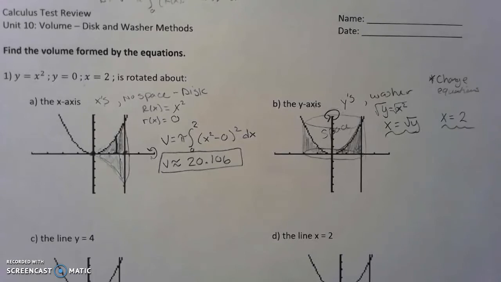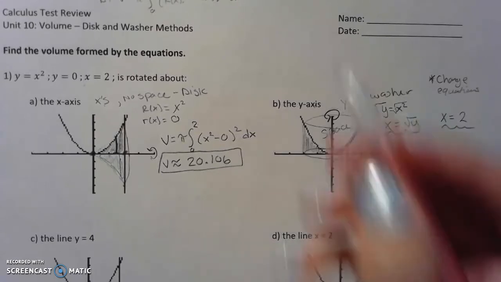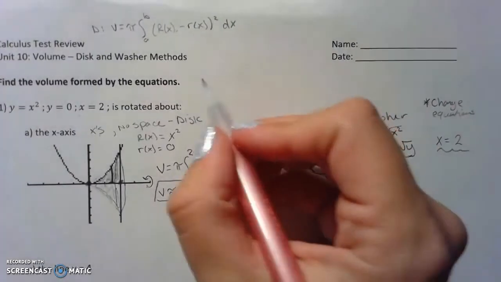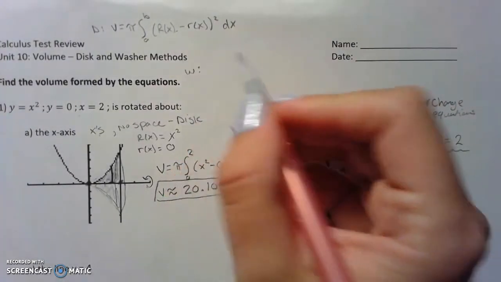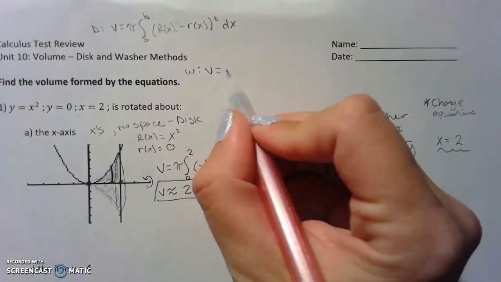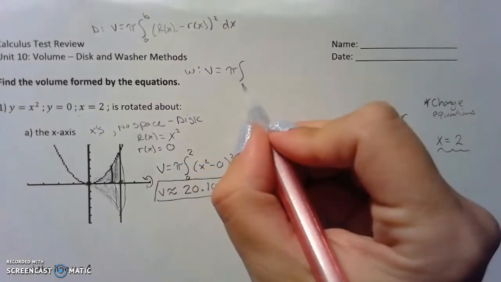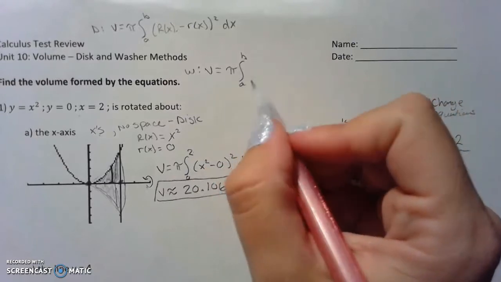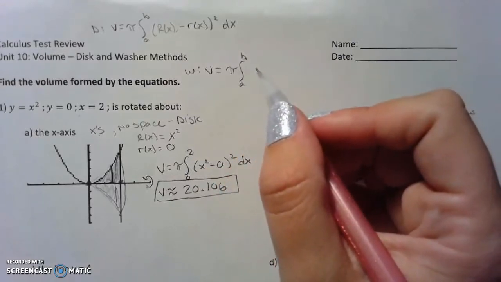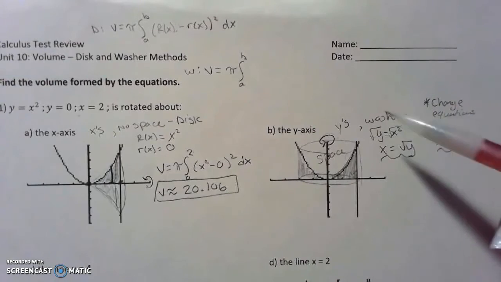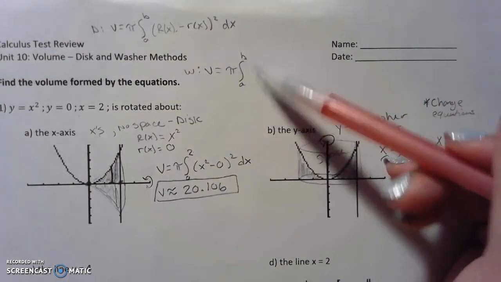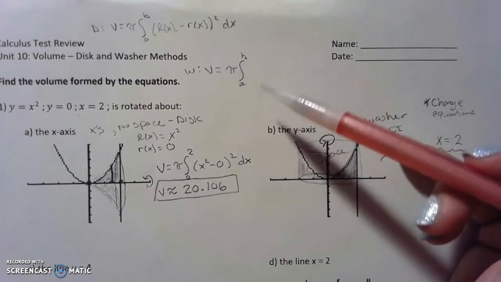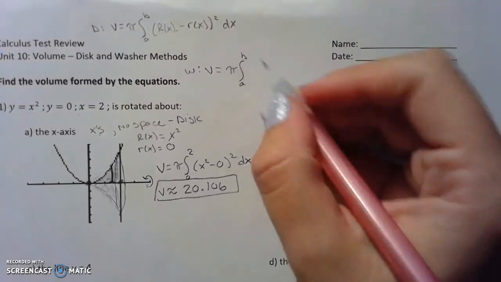Now we have to remember, what's our washer method? What is that equation? It's very similar to the disk, except just a little bit different. So the volume is equal to pi times the integral from our lower to our upper limit. On this one, we're going to have y values, so it doesn't really matter whether I use a and b, or c and d.